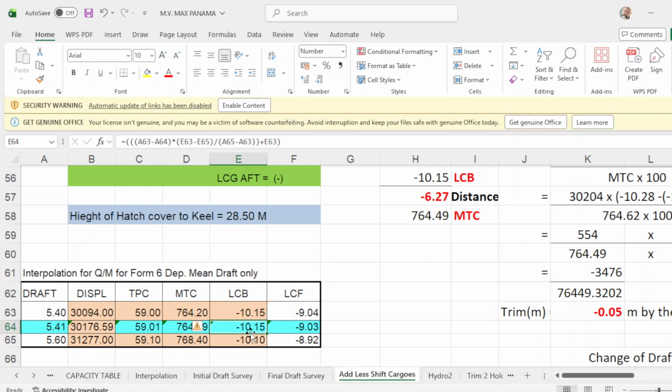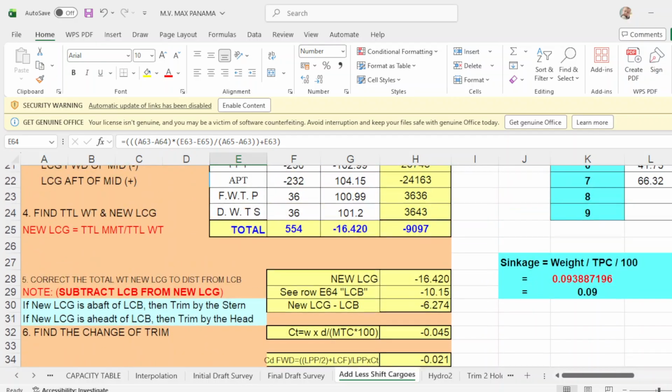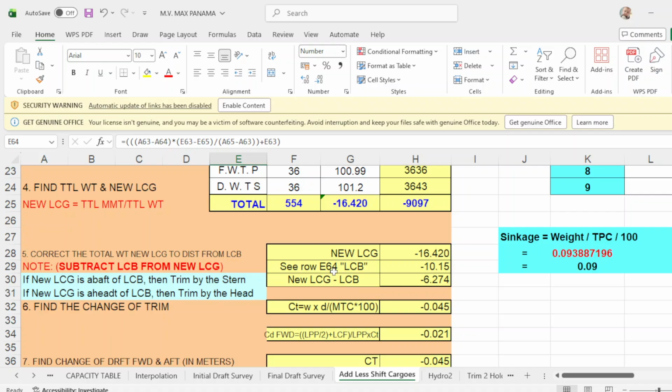Okay, that will be letter E, and 64. That is E64, okay? There you are, E64. Then, the next thing will be new LCG, this one minus your LCB. That will be negative 6.274.